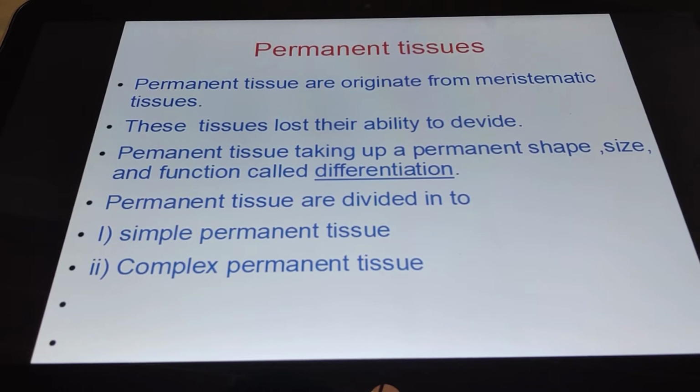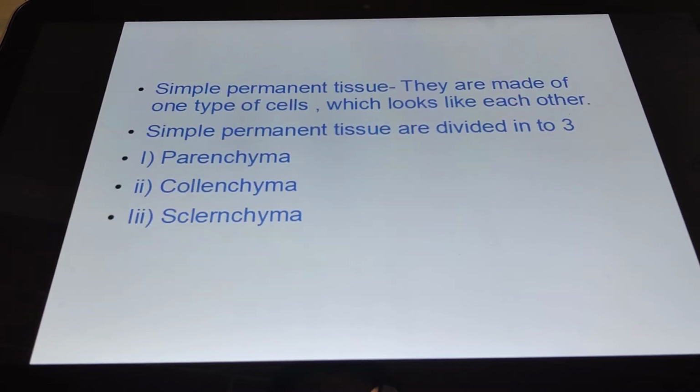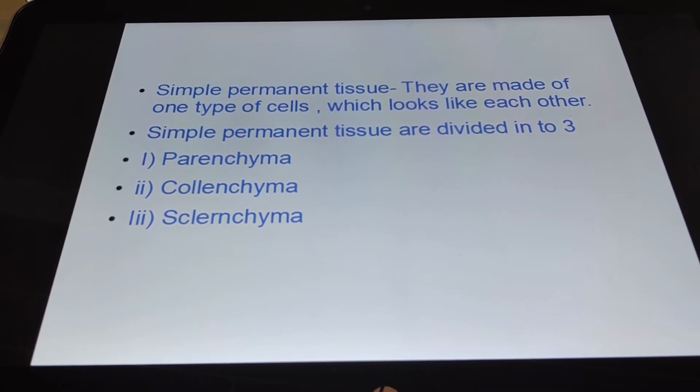These permanent tissues take up a permanent shape, size, and function, which we call differentiation. Permanent tissues are again divided into two: simple permanent tissue and complex permanent tissue.